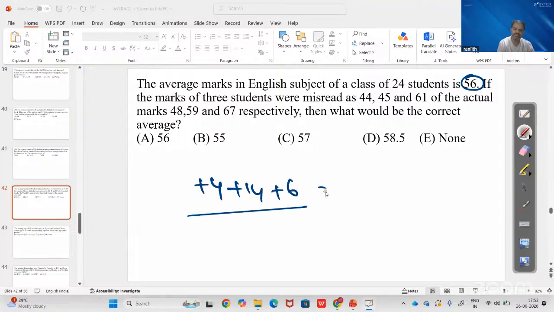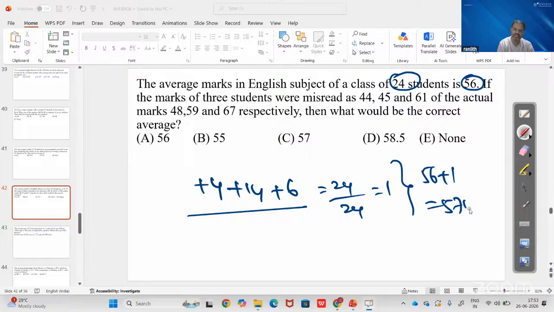So total sum equal to 24. Number of students equal to 24. 24 by 24 will be equal to 1. So average is equal to 56 plus 1 is equal to 57. 57 marks. 57 will be the average.